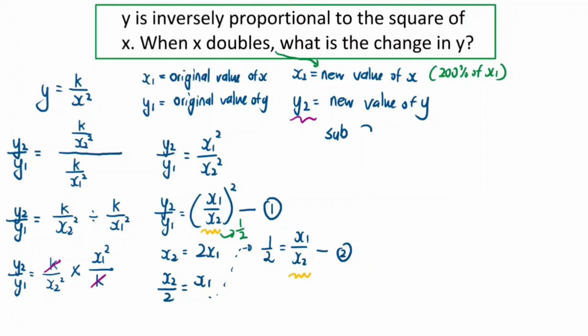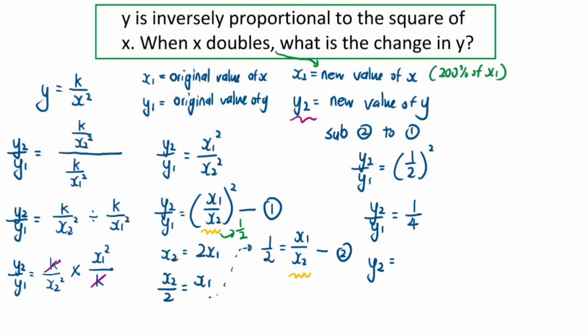I'm going to substitute equation 2 into equation 1. So therefore, I'll get y2 over y1 equals (half) squared. And then we will simplify this to y2 over y1 equals 1/4. And I'm going to bring the y1 over. So y2 equals 1/4 y1.